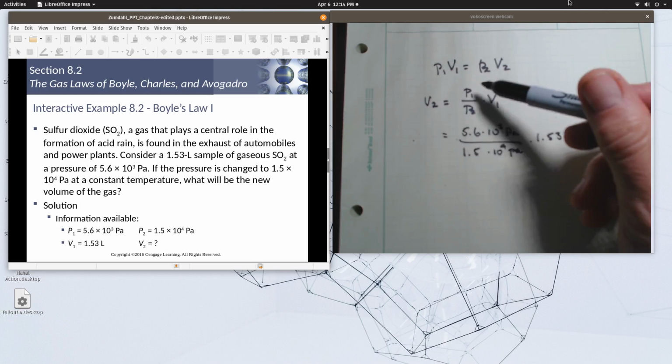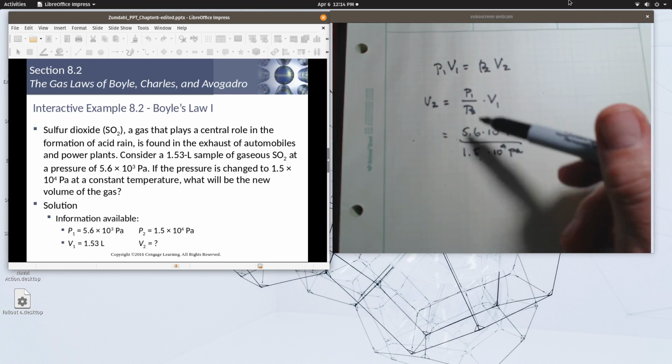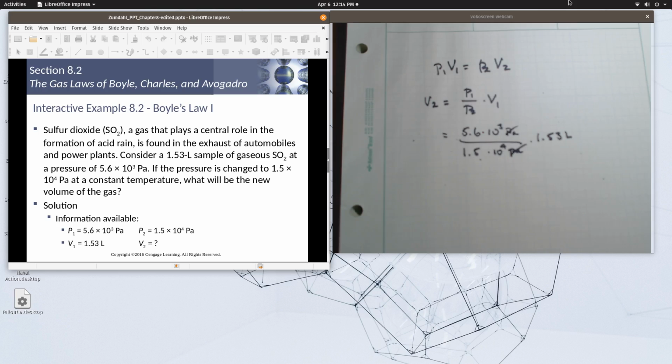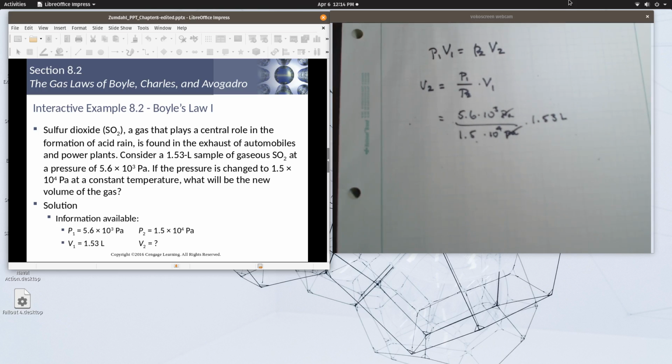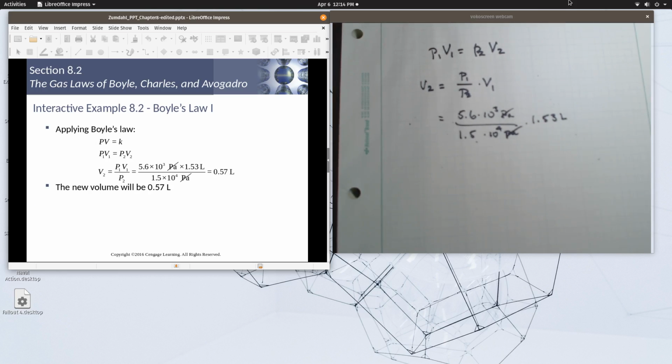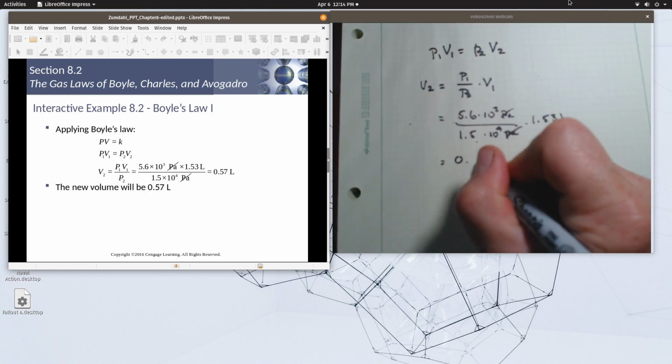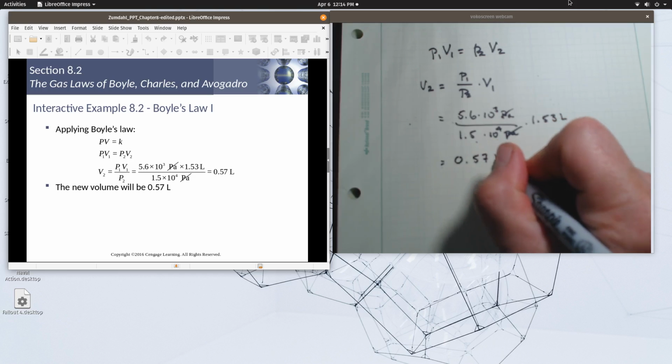So P1 V1 P2. Here we go, this is our equation. Pascals cancel out, I get liters at the end of the day. We can plug that into our calculator very easily and get 0.57 liters.